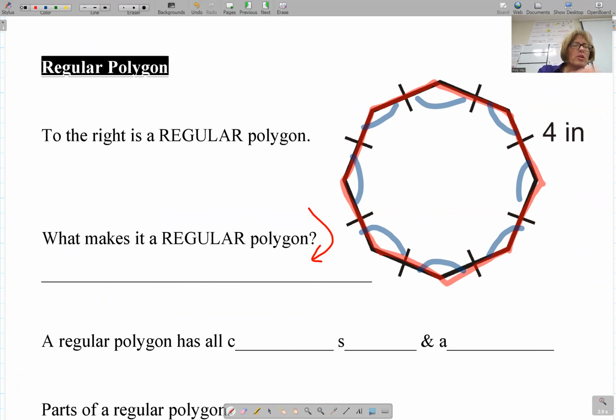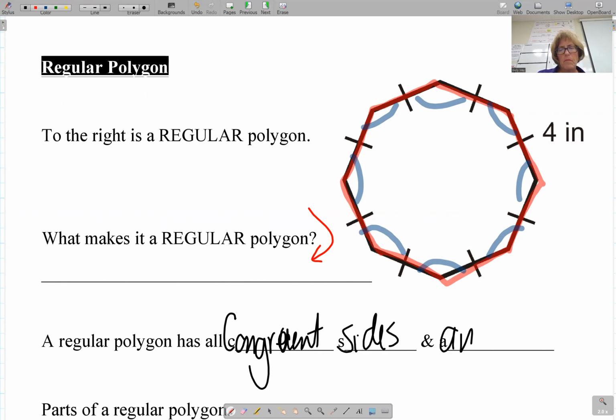What you should have noticed, of course, is that a regular polygon has all congruent sides and angles.